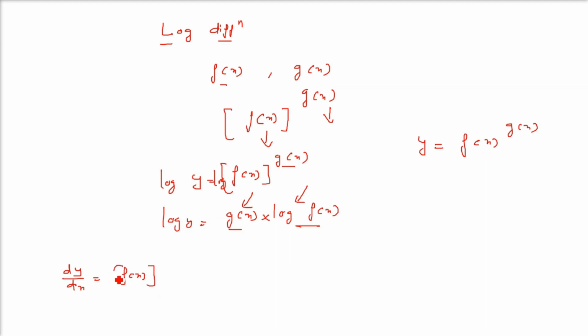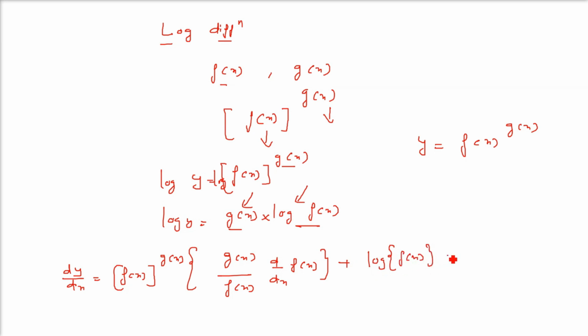It will be f(x) to the power g(x), that is the original function y, into g(x) by f(x) times the differentiation of f(x), this is the first part. Then plus log of f(x) along with dy by dx of g(x). So this is a result. I don't want you to remember it, because when we do the question, you'll see how this final result will come.